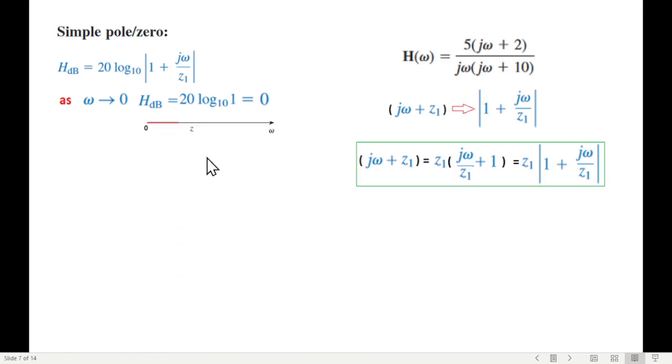We can plot it like this: if this is the frequency line, the magnitude is 0 when the value of omega is very small. The other option is that omega is very high, infinity. When it is infinity, this term will become infinity, so 1 is meaningless. So the net value will be 20 log omega over z1, and we will plot this.